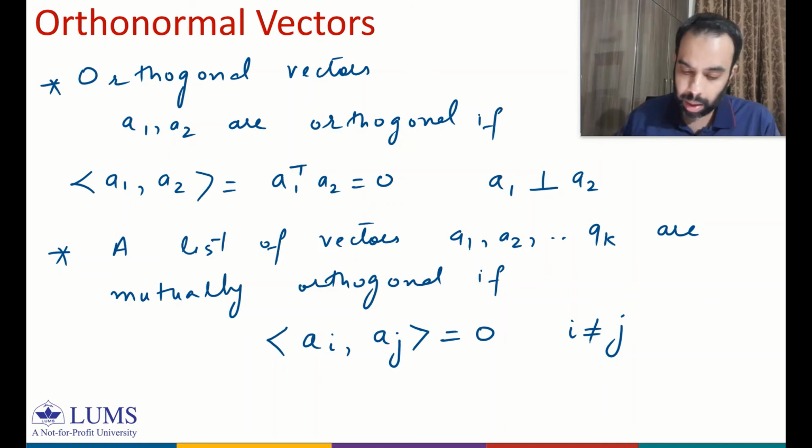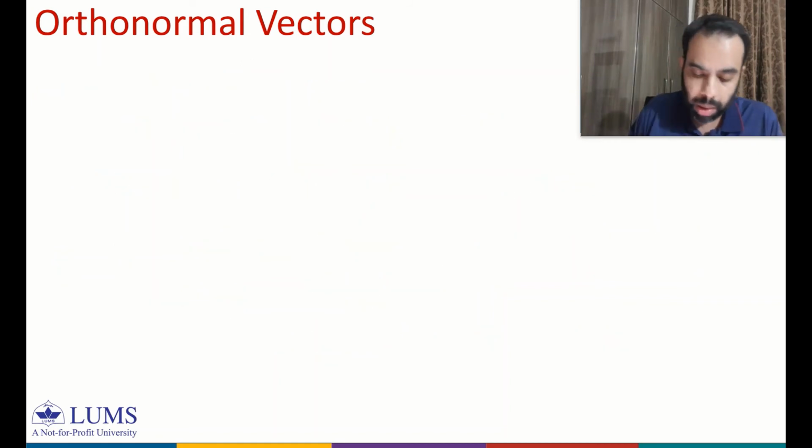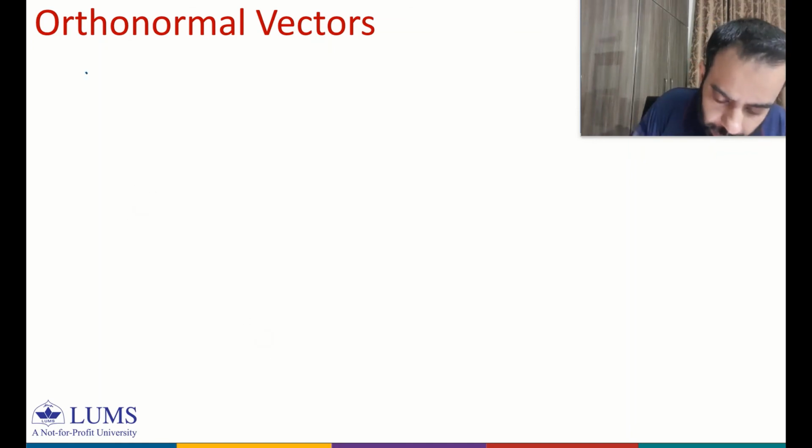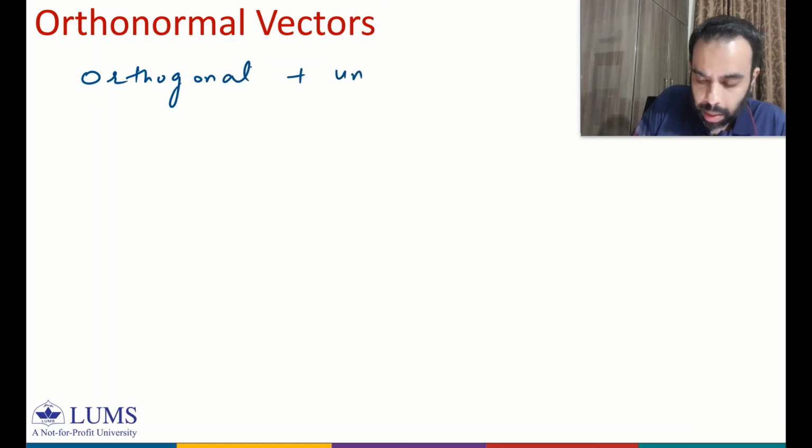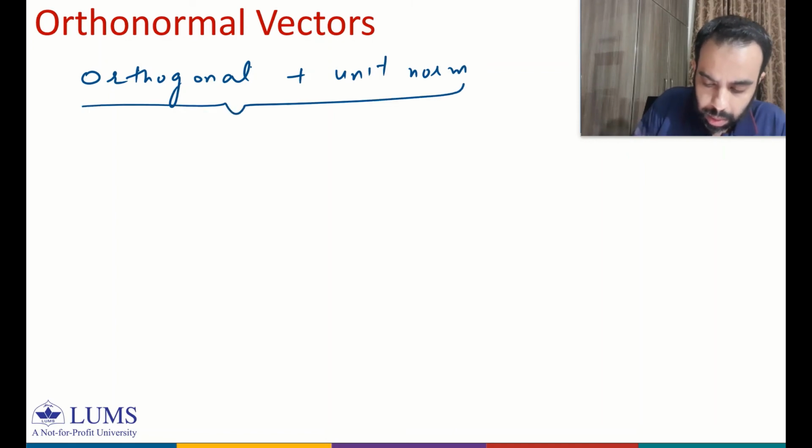Okay, now let's talk about what we mean by orthonormal vectors. If the vectors in the list are also unit norm in addition to mutually orthogonal, we say the vectors are orthonormal. So if the vectors are orthogonal and also unit norm, together the vectors are orthonormal.